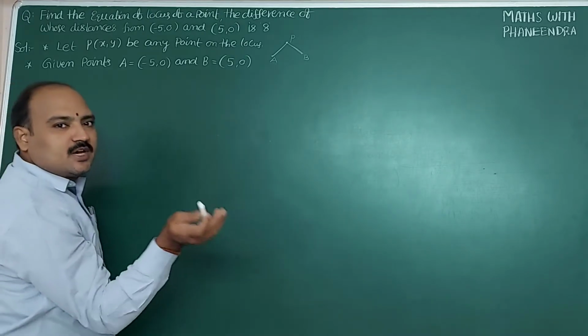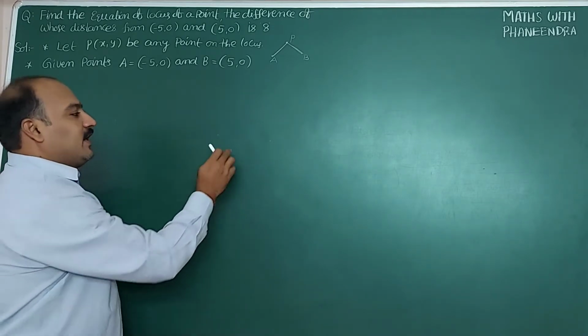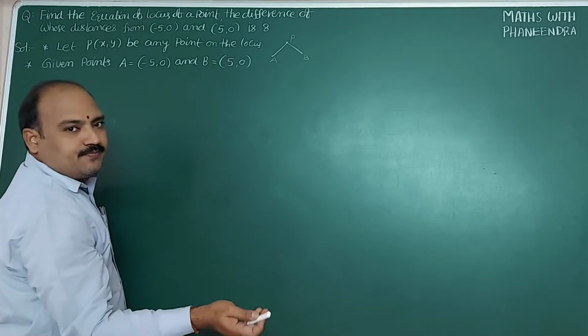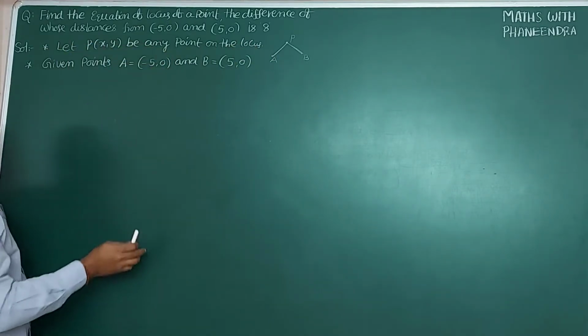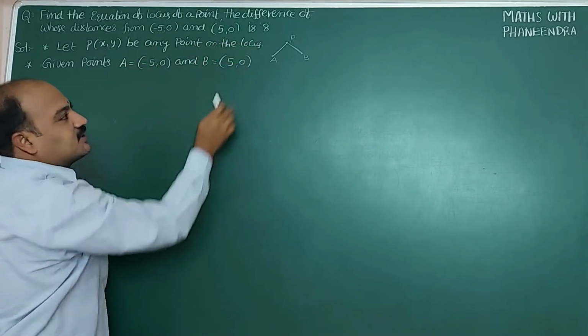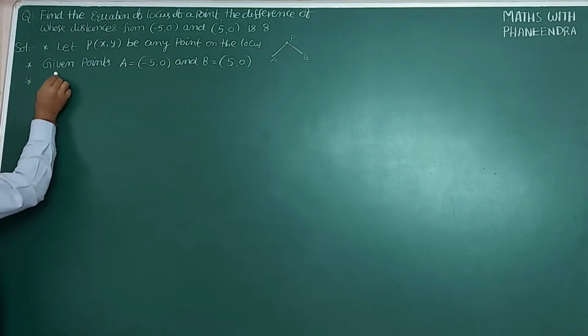Some questions in the textbook or in the materials give it directly as mod PA minus PB, or in the theory it is given as the difference of whose distances is given. So PA minus PB, the given condition, this is the third step.